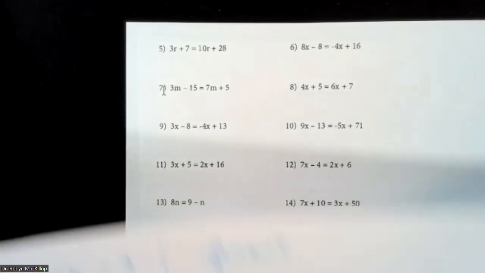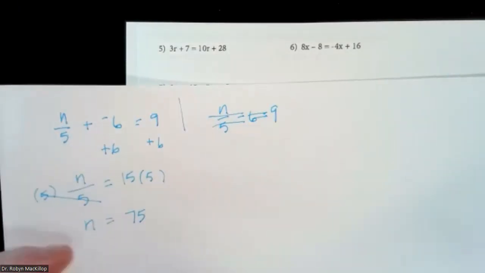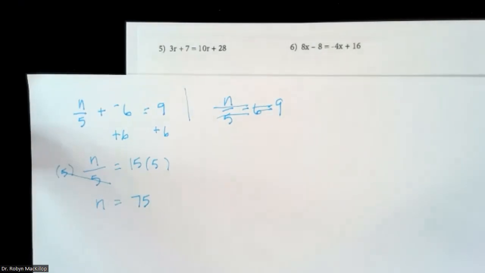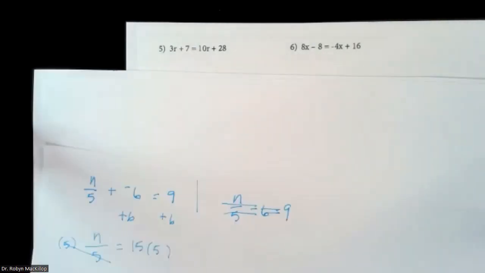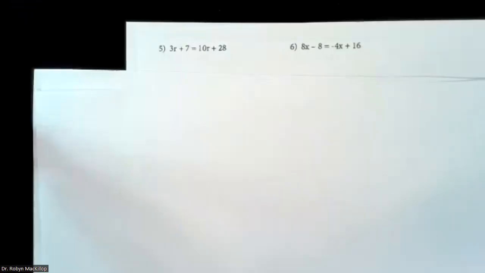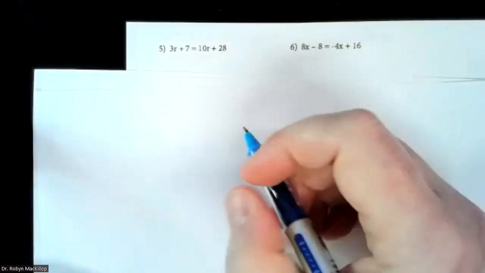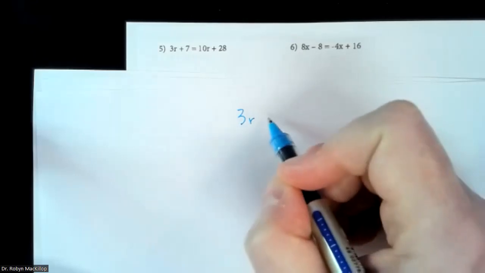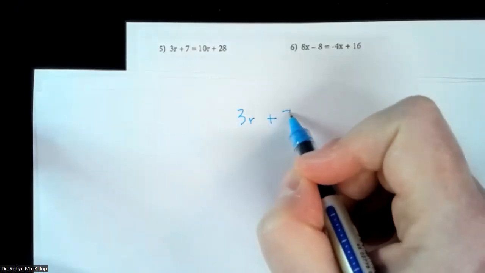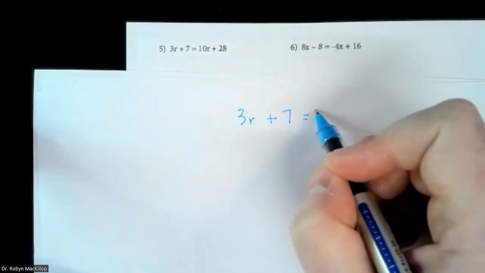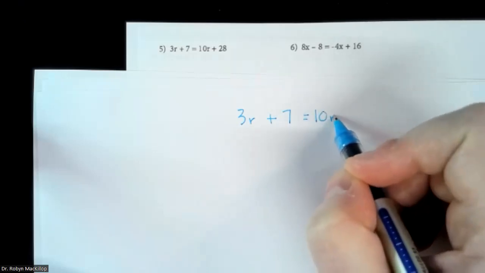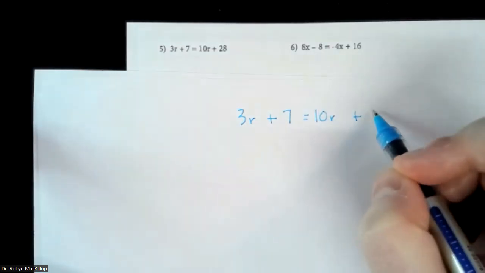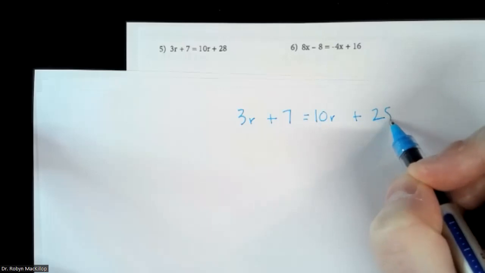So let's do number 5. Let me get a clean piece of paper. So 5 is 3r plus 7 equals 10r plus 28.